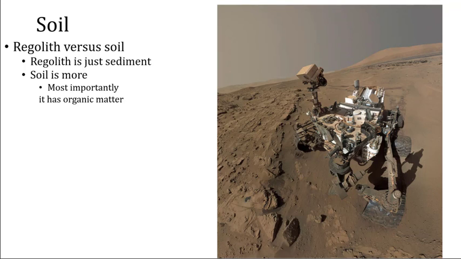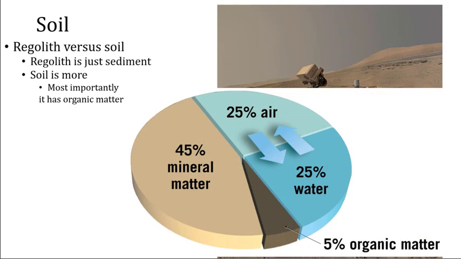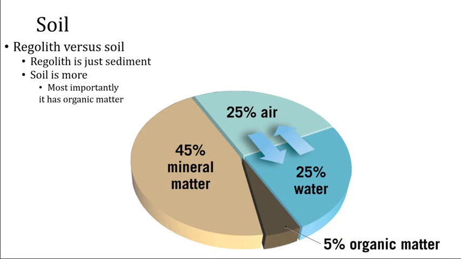Okay. So if we look at a graph here. There we go. Let me get rid of my rover. Soil has some mineral matter, and then it also has water, and organic matter. That number varies an awful lot.